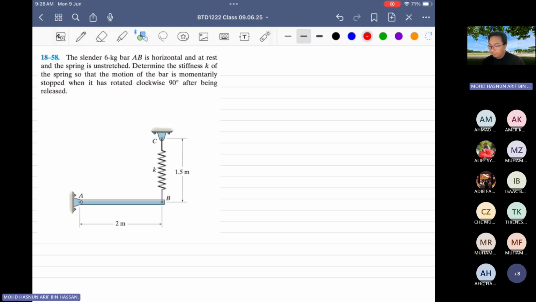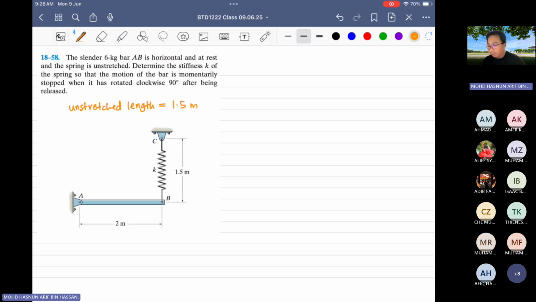Meaning that in the current condition, the spring is unstretched, and you can see here the length of the spring is given as unstretched. So 1.5 meter is the unstretched length. So we can write directly, unstretched length of the spring is 1.5 meter, right?